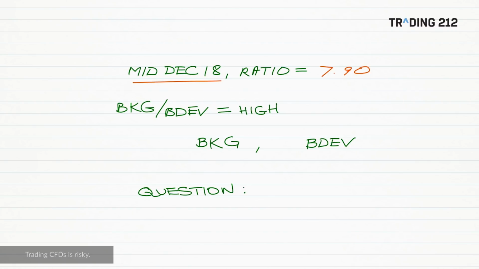And let's remember that our ratio was Berkeley Group divided by Barratt Developments, so that's higher than we would expect given the historical price relationship in our data set, and therefore we'd be selling BKG and buying Barratt Developments because we expect this ratio to drop. So the question is then, how much do we deal of each of those?